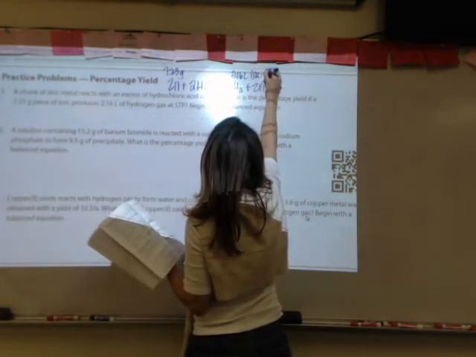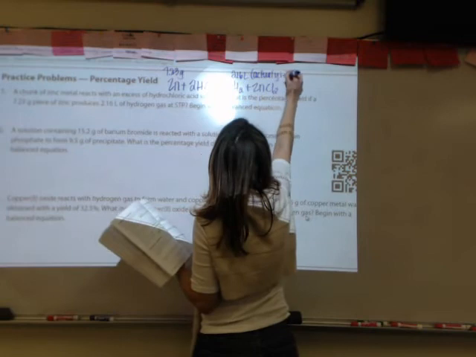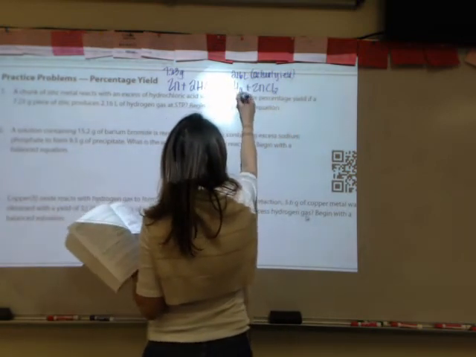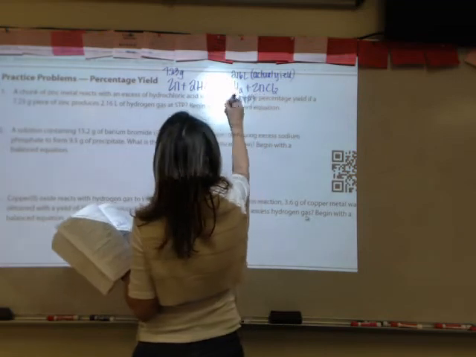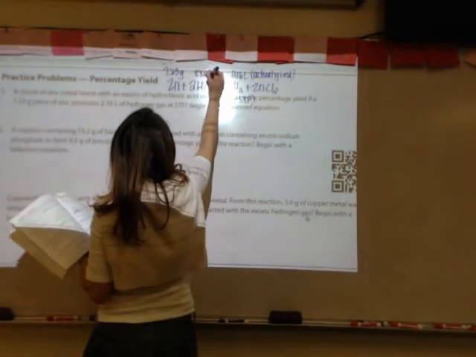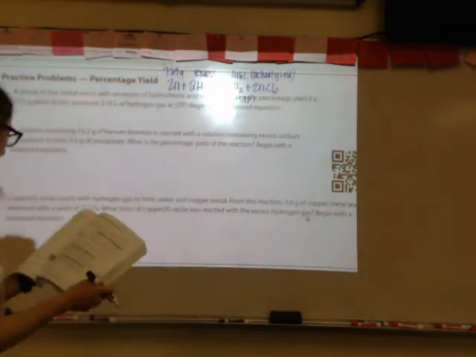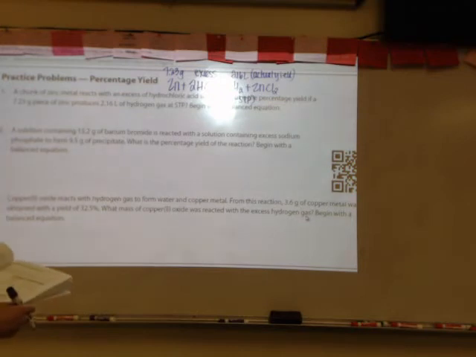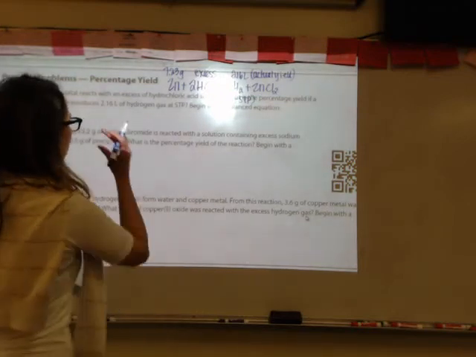So this is your actual yield that they told you in the problem. They told us that we are at STP, and that hydrochloric acid is in excess. So this is not a limiting reactant problem, but if they want us to figure out the percent yield, we need to figure out the theoretical yield because that's part of its equation.